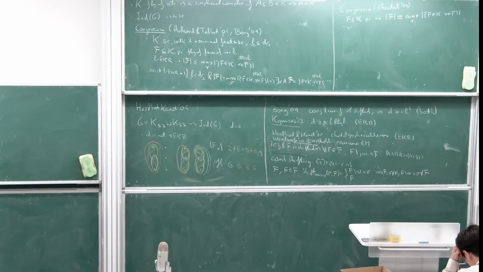I just need one slightly technical definition, but I will try to motivate it. There is a notion in topology of a simplicial complex looking like a sphere, in a sense.